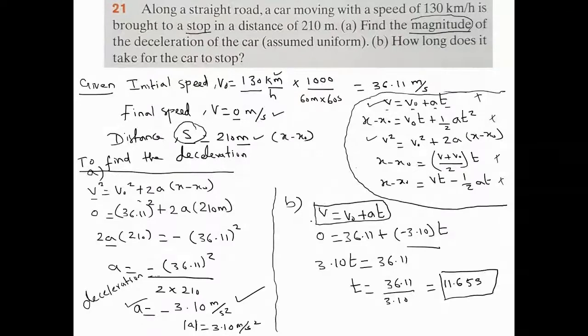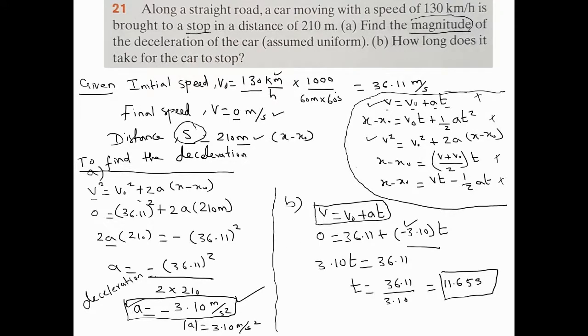Teacher, to write acceleration positive here in the B, I write it negative. Why? Because the value of a is negative here. Am I right? Yes. So you have to substitute a equal to negative in the second part. But what about the final answer, acceleration is positive?